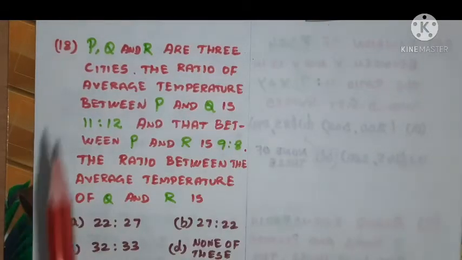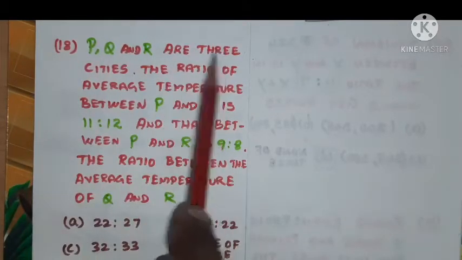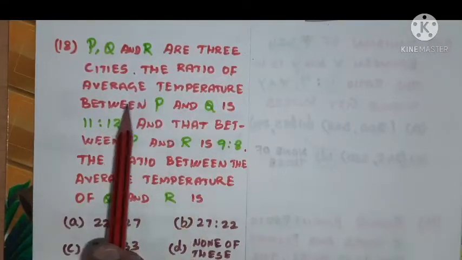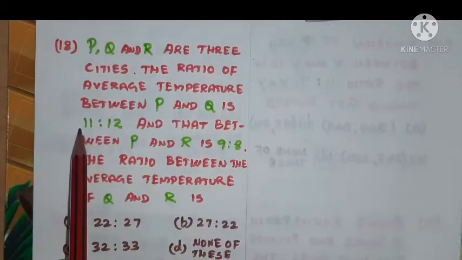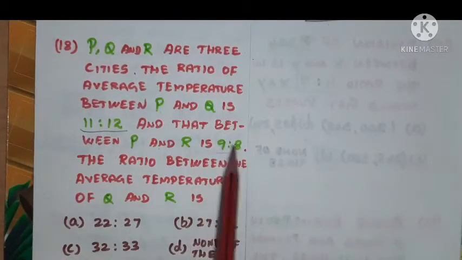The next question. P, Q and R are three cities. The ratio of average temperature between P and Q is 11 is to 12. And that between P and R is 9 is to 8.